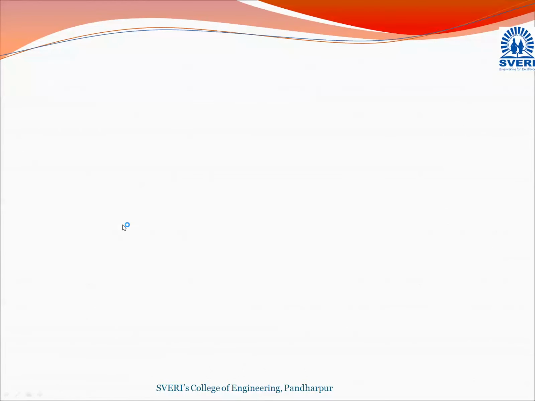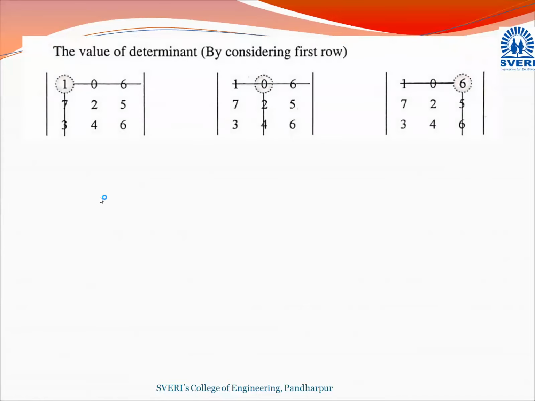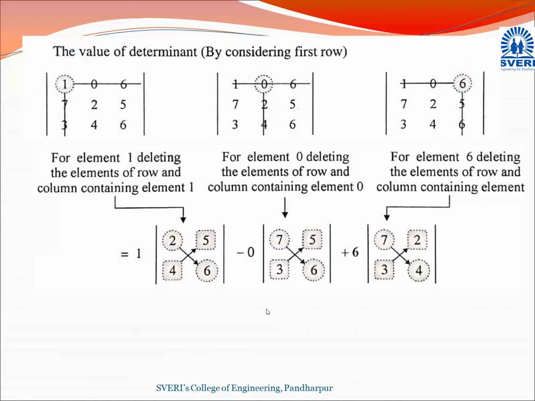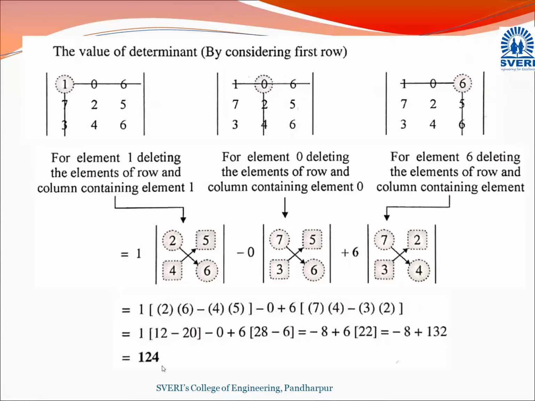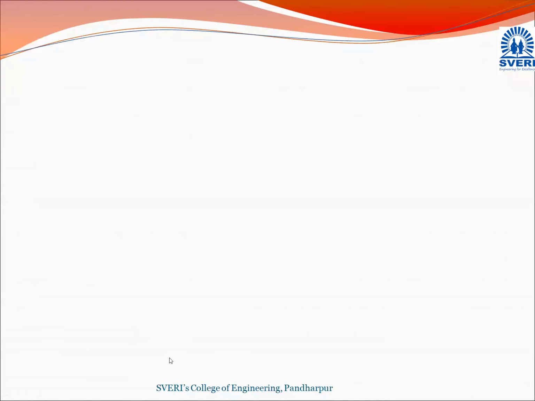So look at the quick view, how we have taken the value of the determinant by considering the first row. We take the next element, A11, its minor. Then the next term A12, its minor. A13, its minor. So here we have the final answer, that is 124.